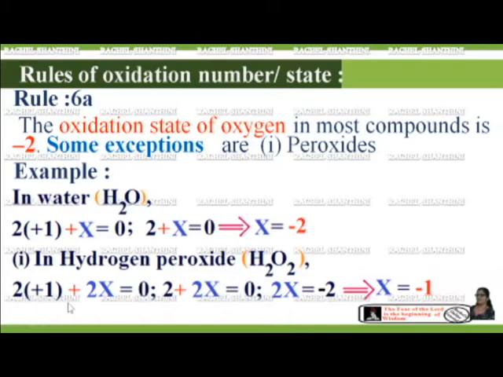We know that the algebraic sum of the oxidation states of all the atoms in a molecule equals 0, so we have 0 on the right hand side. Now 2 into 1, that is 2, plus 2X equal to 0.